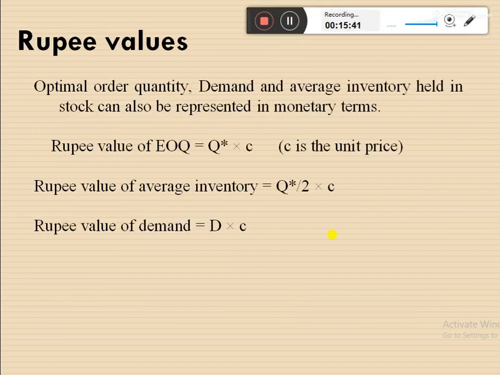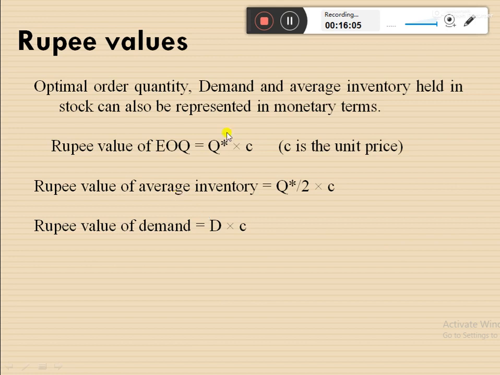There is a special case of the economic order quantity model, or classical economic order quantity model, that is, in some situations the demand is given in terms of rupees, or optimal order quantity and average inventory held are given in terms of rupees.